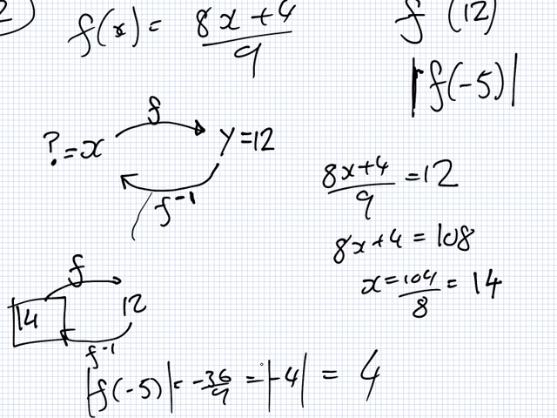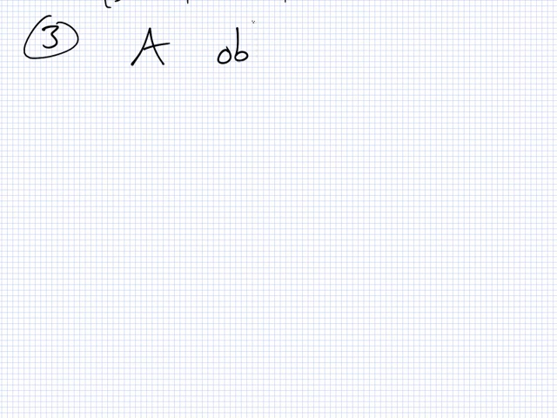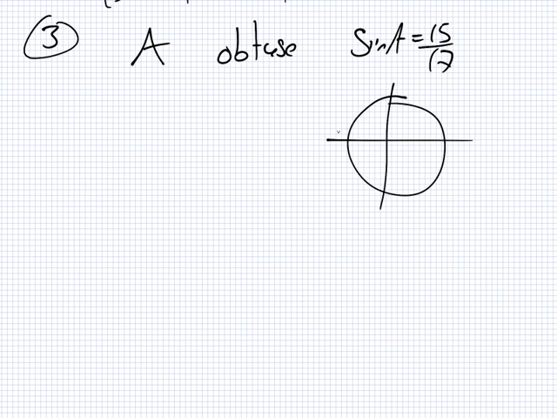So number 3? Yes, question A3: angle A is obtuse, and sine A equals 15 over 17. So since it's obtuse, it has to be in this quadrant here, where sine is positive. And is there anything on B?